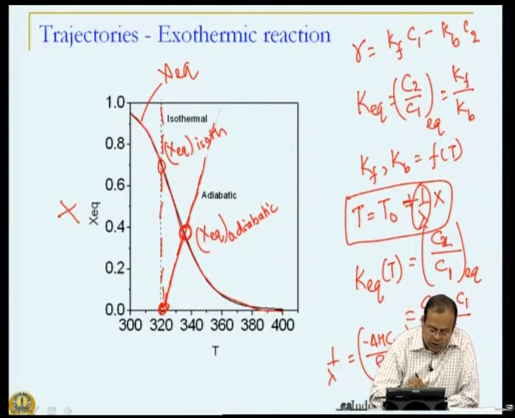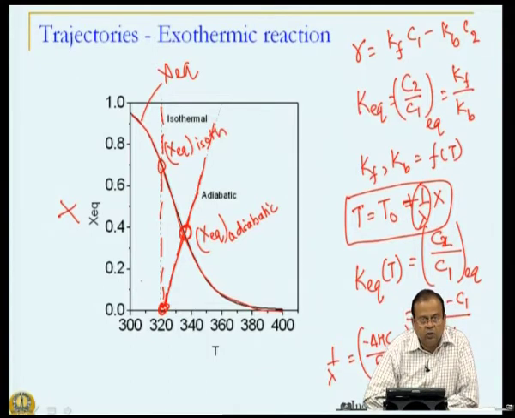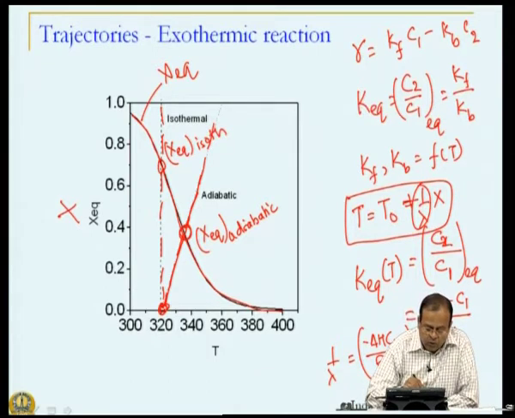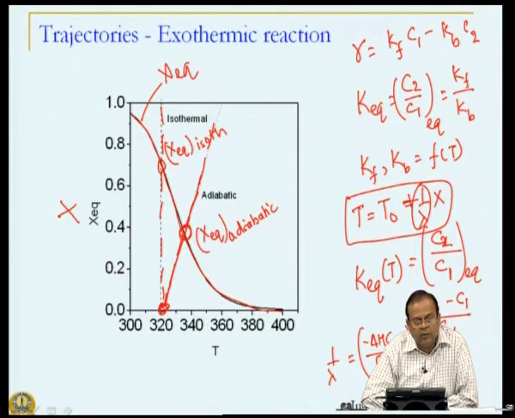Now, for kinetics, if you see, temperature is constant, so in general the rate of reaction will be low. Here the temperature is increasing if you are travelling along the adiabatic path, that means the reaction rate is now increasing. So, we will reach the equilibrium conditions much faster compared to isothermal.